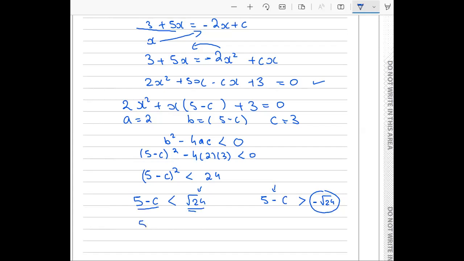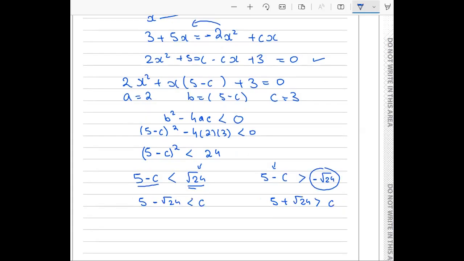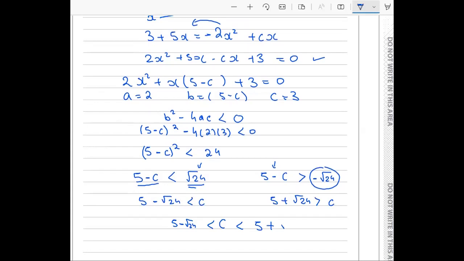So 5 minus under root 24 is less than c, and c is less than 5 plus under root 24. We can just combine these two: c is greater than 5 minus under root 24, and c is less than 5 plus under root 24.